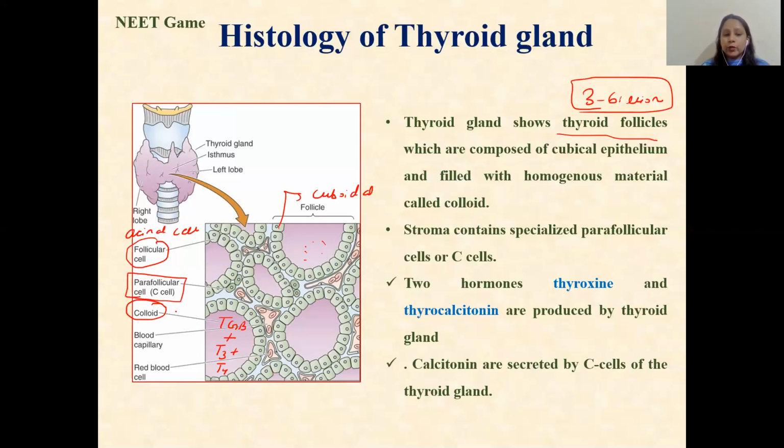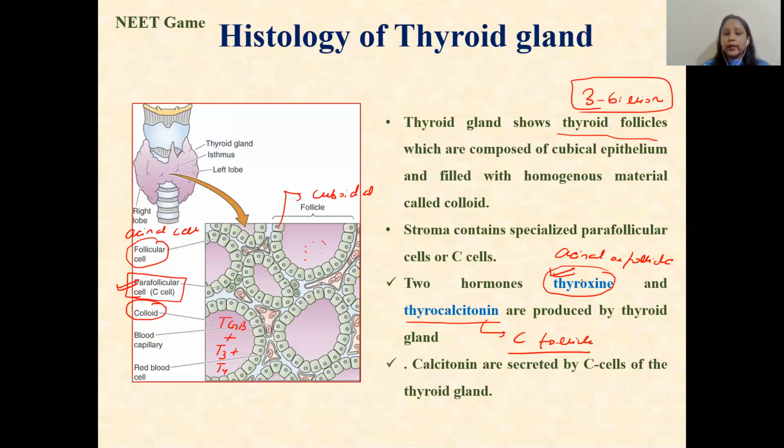The acinar or follicular cells produce the hormone known as thyroxine, and thyrocalcitonin, another hormone produced by the thyroid gland, is produced by the C cells or parafollicular cells. This is an important question for your MCQ. The C cells or parafollicular cells produce thyrocalcitonin, and the follicular cells produce thyroxine hormone.